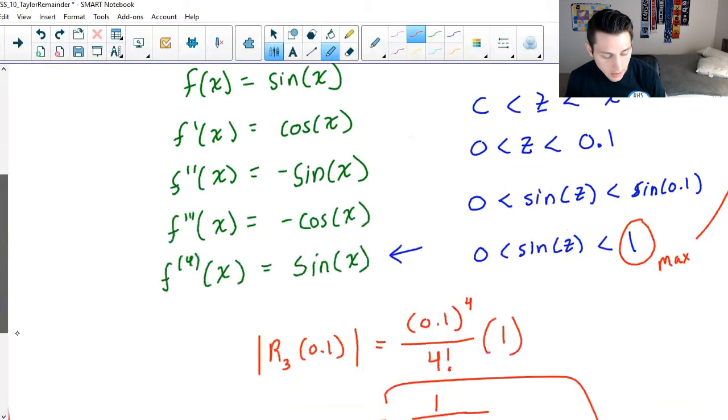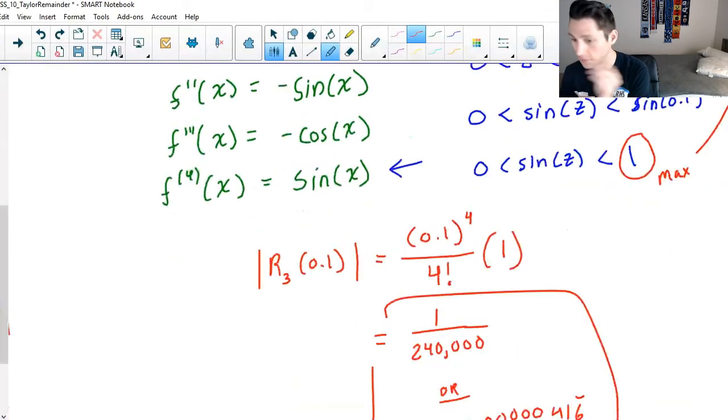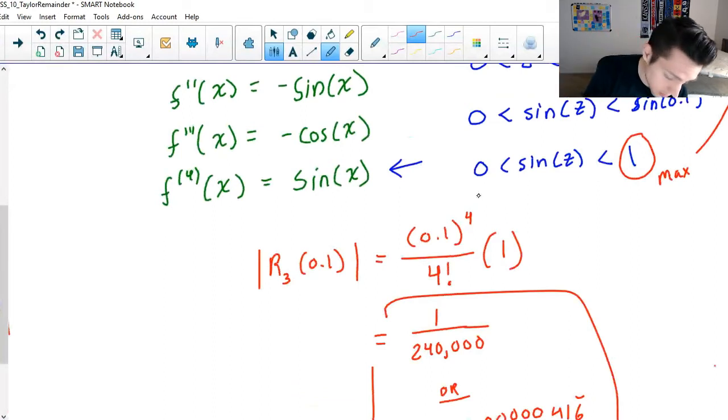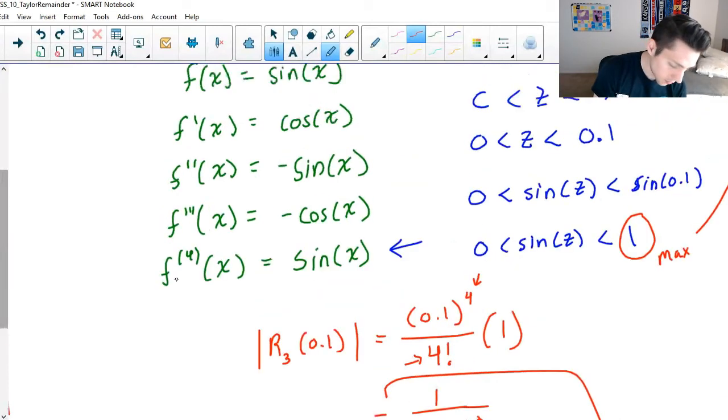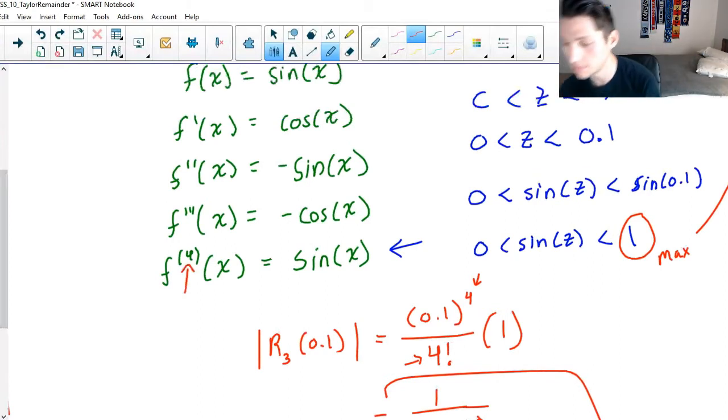So that's why we're doing all of this to the fourth, right? Whatever degree our polynomial is, to figure out the error, we then consider that next term. So that's why we're doing 4 here and 4 here, and the fourth derivative when finding the max.